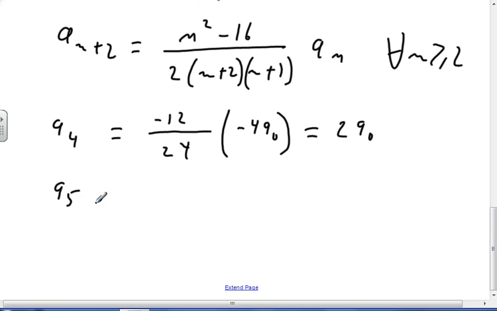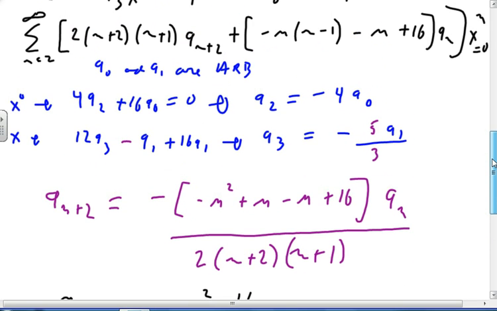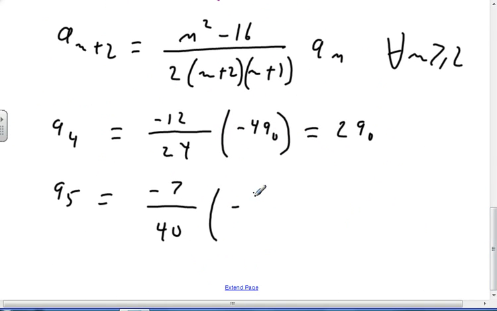I look at a5, so n is 3, I got 9 minus 16, minus 7 divided by 2 times 5, which is 10, times 4, which is 40, times a3, which is minus 5 over 3 a1, and this becomes 7 over 24 a1.